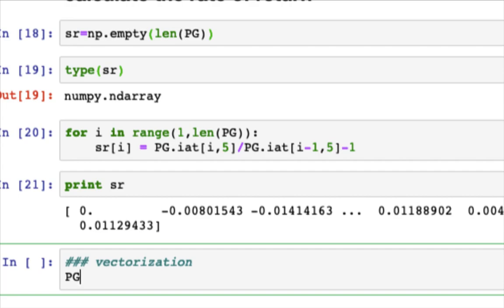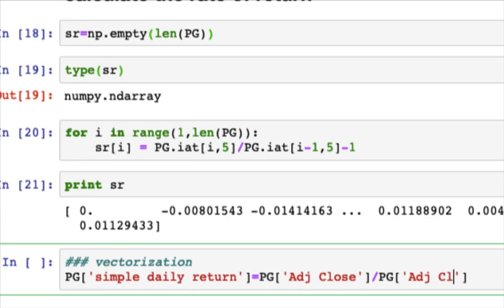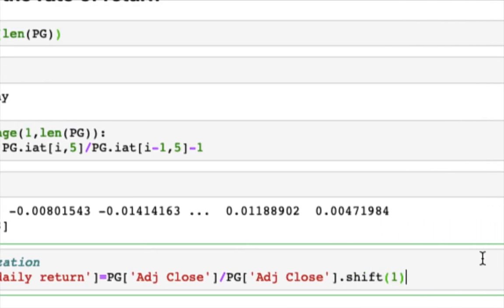Look, PG of simple daily return equal PG of adjusted close divided by PG of adjusted close dot shift 1. So we have this -1.